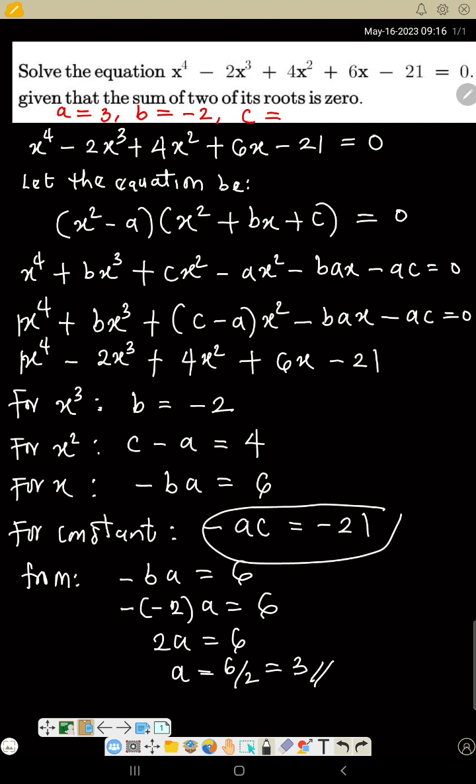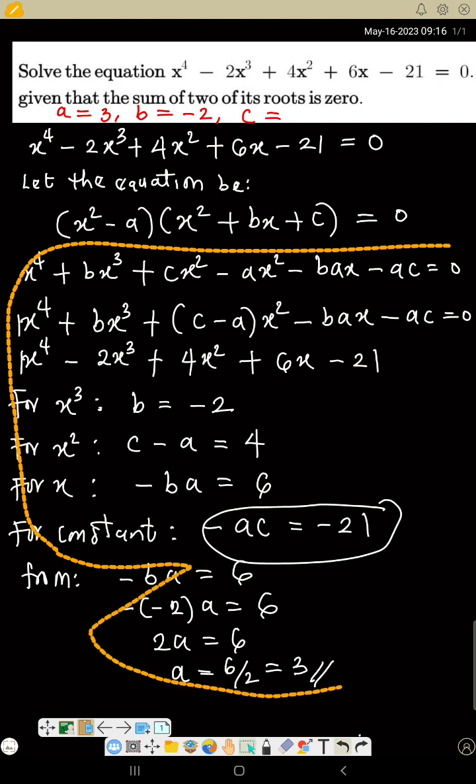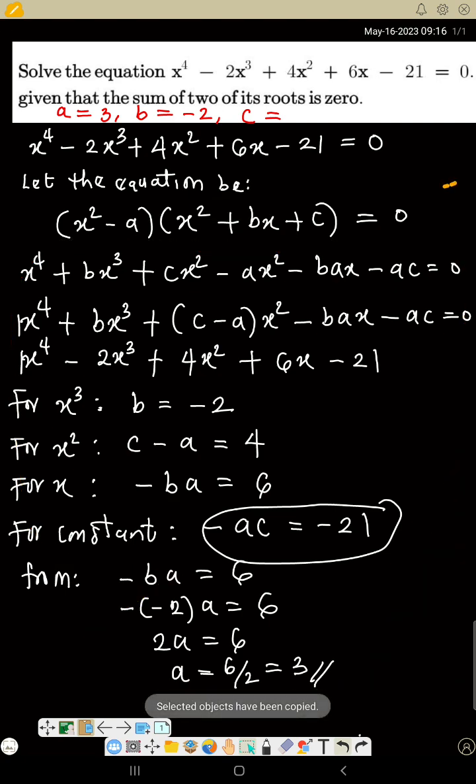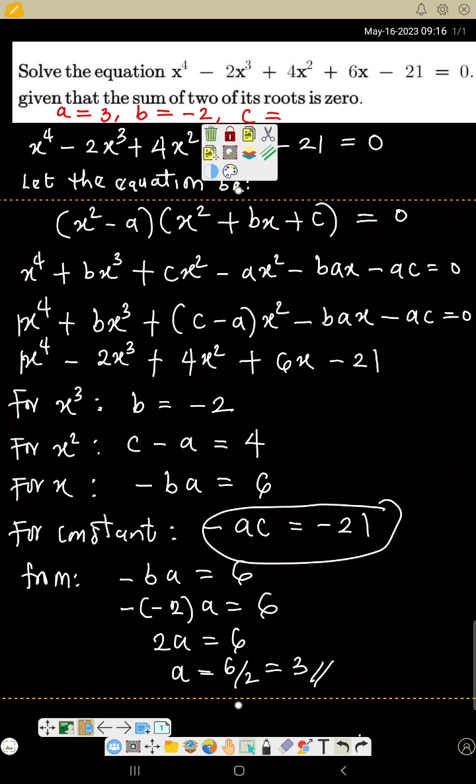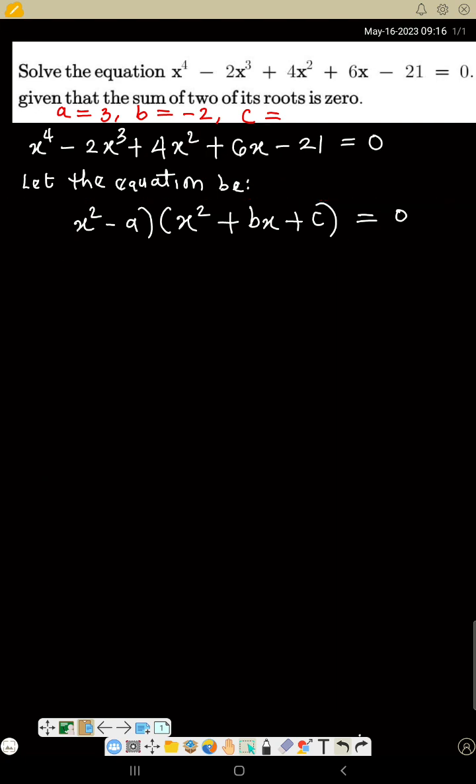This one. So minus ac equals minus 21. So I need that. So we know that from minus ac equals minus 21, a is 3.